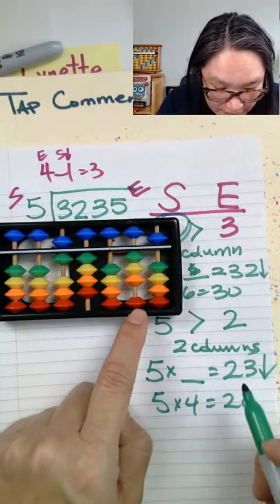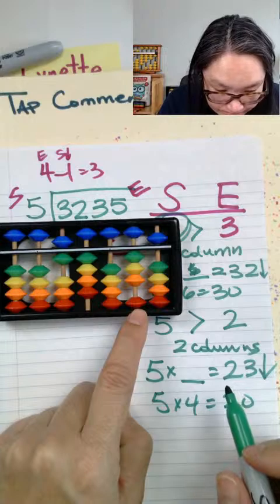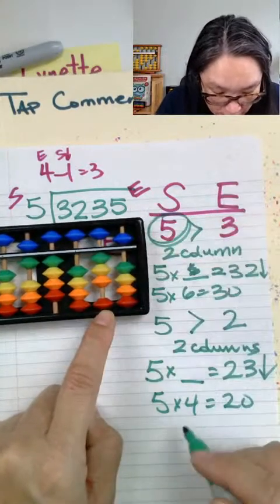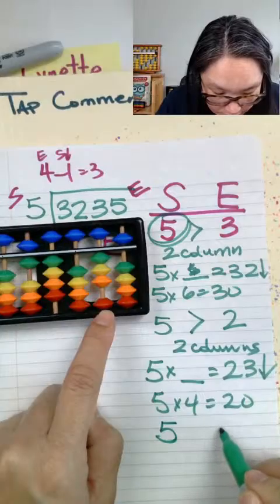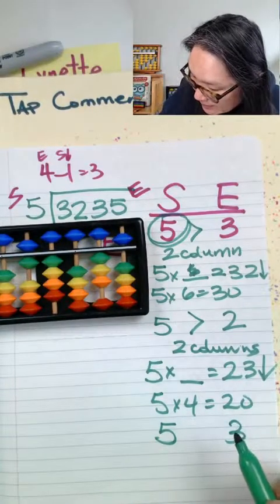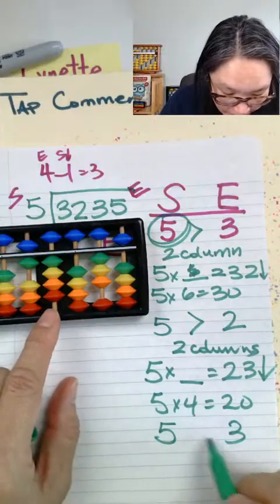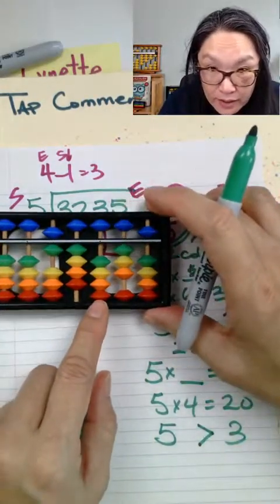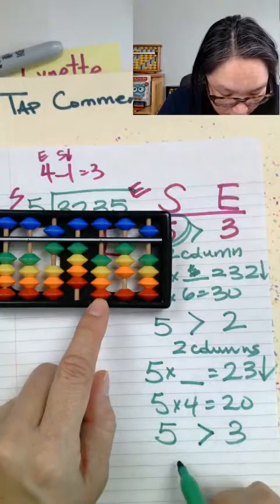I still have dividends. What do I do? Who is bigger, the 5 or the 3? I gotta go. This is my last one. 5 and 3. 5 is bigger, so again, I look at my answer.